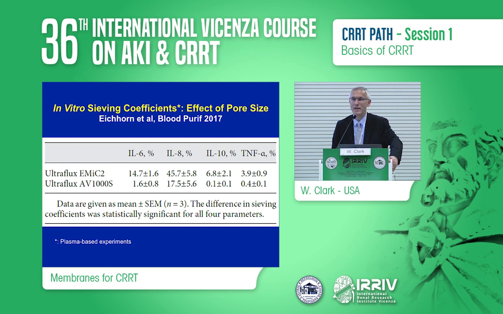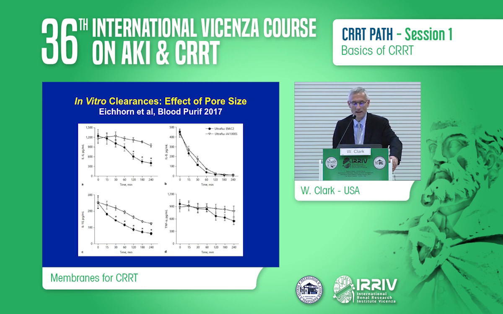So these are plasma-based experiments taking into account the secondary membrane effects that we've been talking about. So you see this significant impact on sieving coefficients relative to a standard pore filter, and the effects are particularly pronounced, relatively speaking, for the larger molecular weight compounds. And again, you see these differences that play out in terms of in vitro clearances, more or less mimicking what was shown for the sieving profiles.